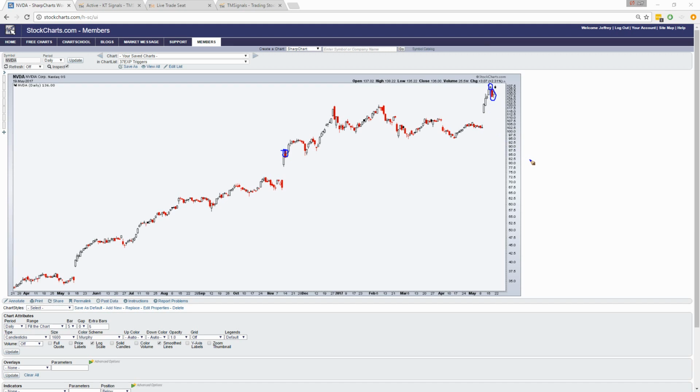But the algorithm is set so that when stocks become explosive like this, it has a greater cushion, because these types of moves are just more probable and they're less meaningful to the ultimate trend of the stock. We see that with NVIDIA.